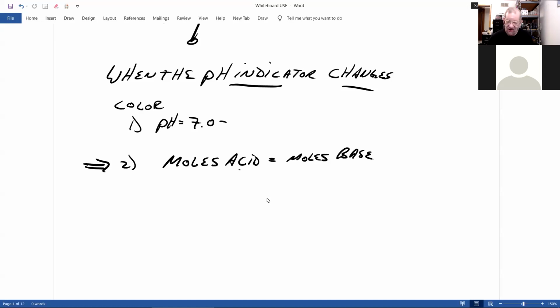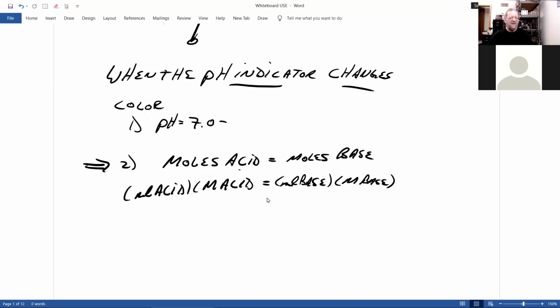And one of these, you don't know the molarity. And you can now say milliliters acid, and I've modified this to help you out, times molarity of acid equals milliliters of base times molarity of base.